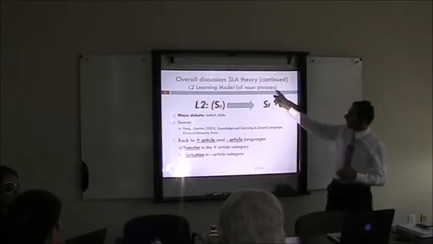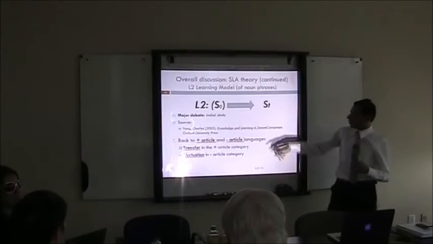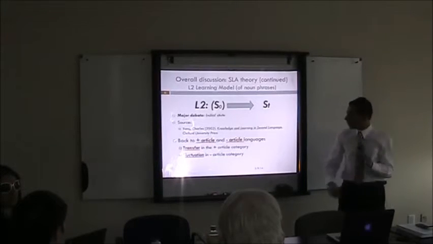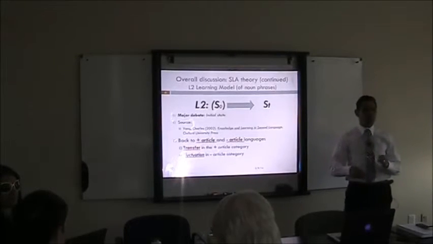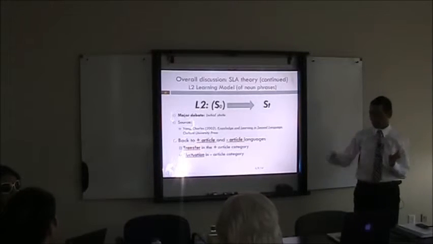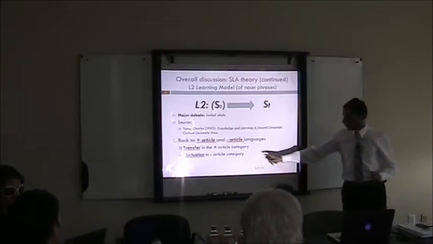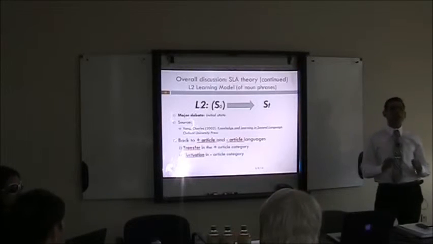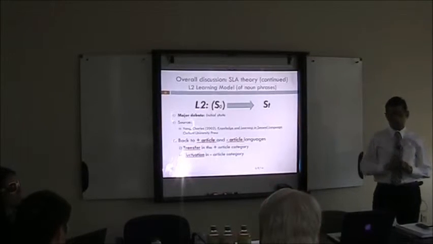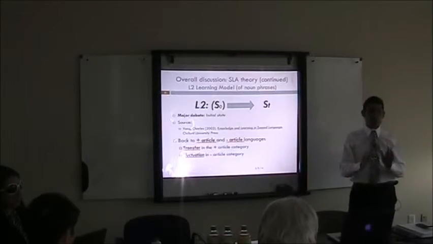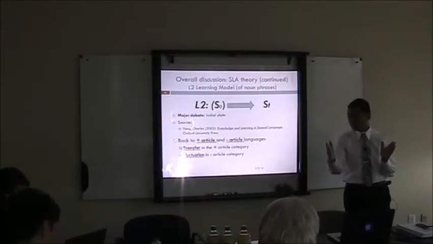And from what I did, at least for noun phrases, your initial state, if you are learning Arabic and you come from a plus article language, you are mainly transferring. But if you are learning Arabic and you come from a minus article language, you are mainly fluctuating. And this is the result that Tanya Ionin documented about the minus article languages. So the initial state is not the same from what I can say now. It is not the same across the different languages.